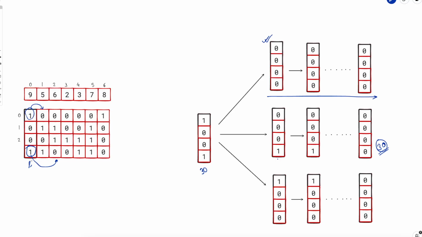So from this number 9 we will get a number where this bit is unset. So basically from 9 we will get 1 because this bit will be unset. Now after that you will get 0 because this bit will be unset after that, right? Notice that it could have happened that this is all 1. So in that case this bit is never unset, so you will only get 9 and 1 from this L. You will not get 0 at all, but in this case you are getting 0 as well.